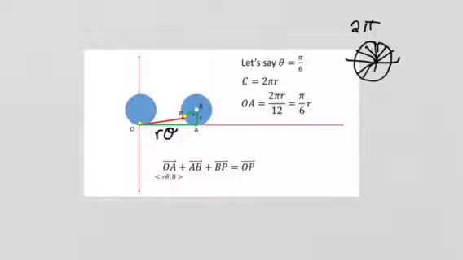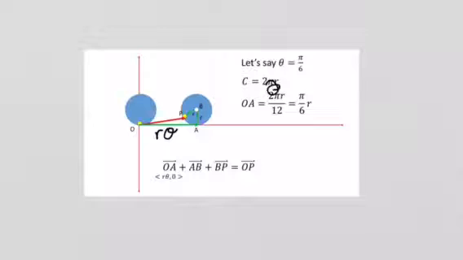Very bad, but it's fine. 1, 2, 3, 4, 5, 6, 7, 8, 9, 10, 11, 12, right? So we have basically split our circle into 12 little chunks if we divide it by pi over 6, right?